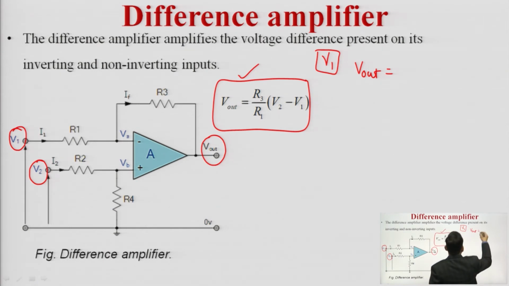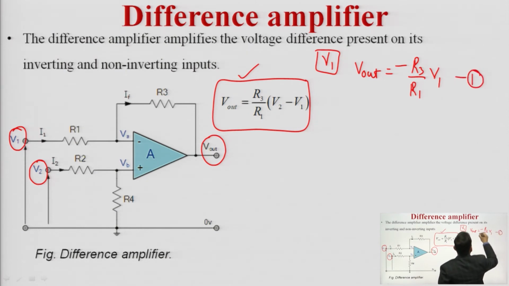So the result is V0 equals minus of R3 by R1 multiplied by V1. This is, let's say, the first equation, V01 due to the first source.